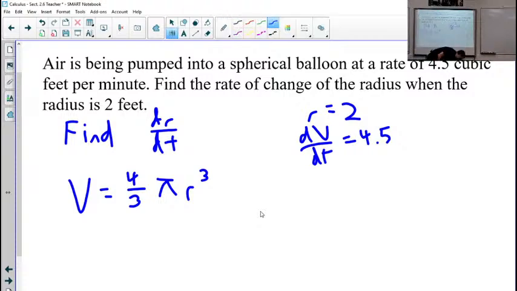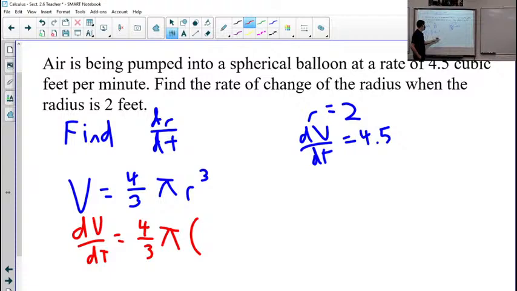Time for the derivative. Derivative of V is dV dt. Four thirds pi times derivative of r cubed is 3r squared.